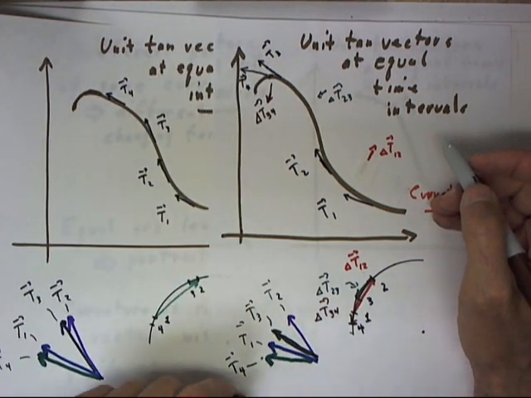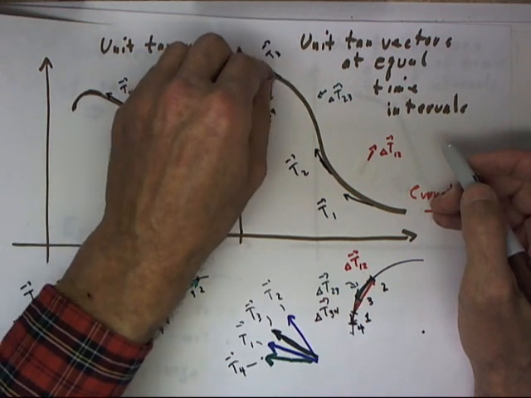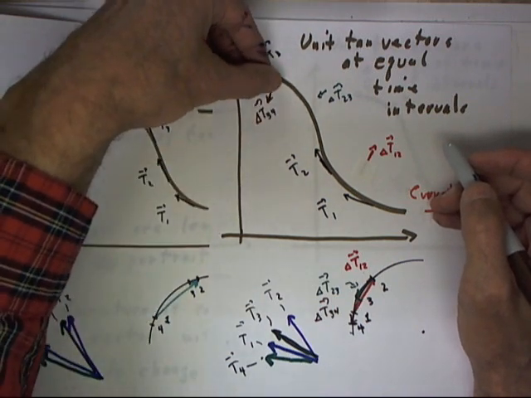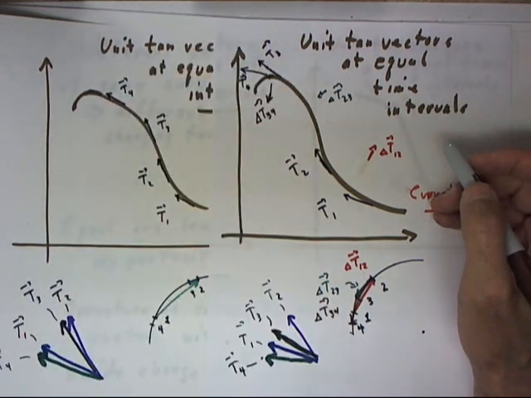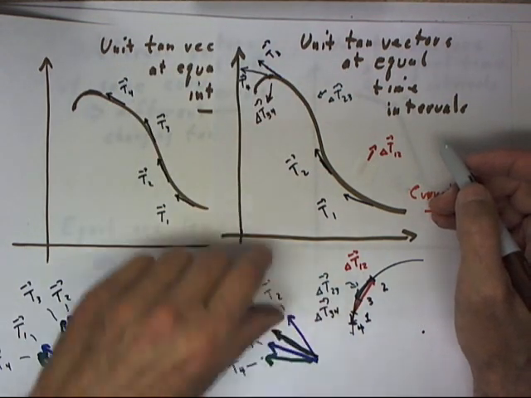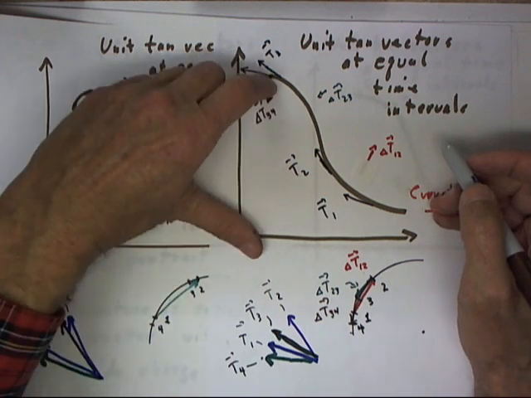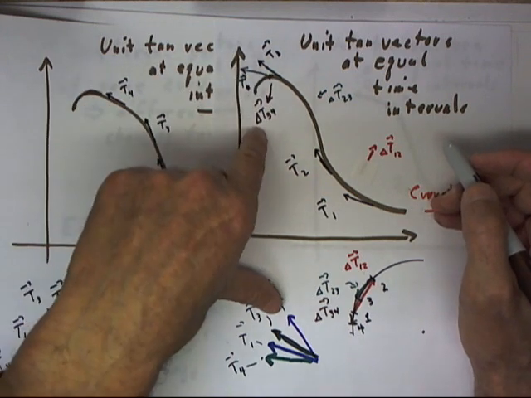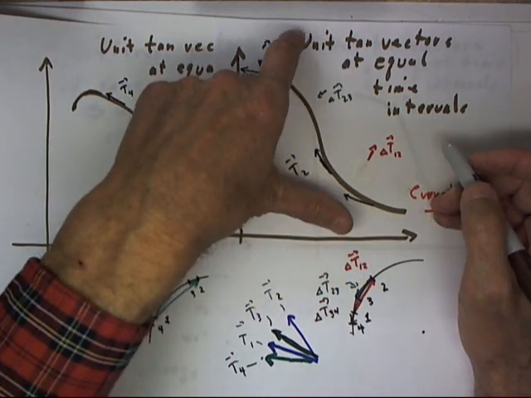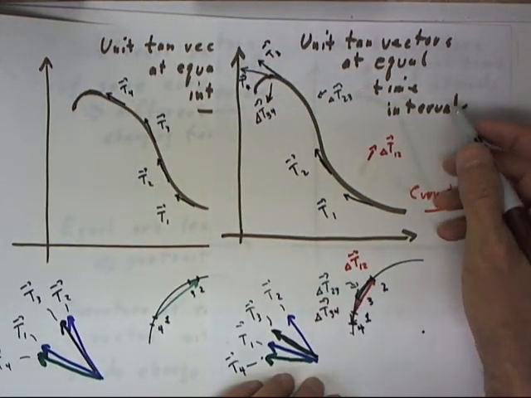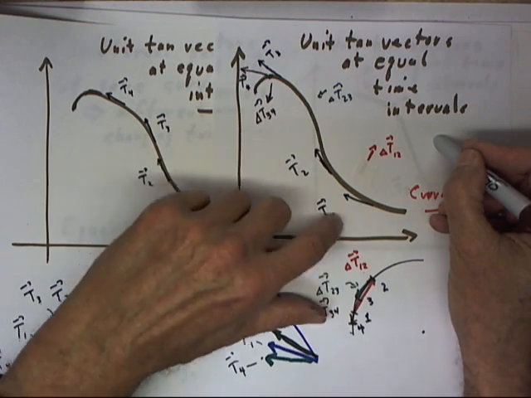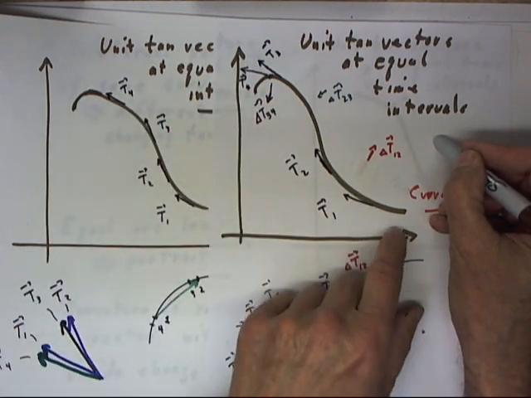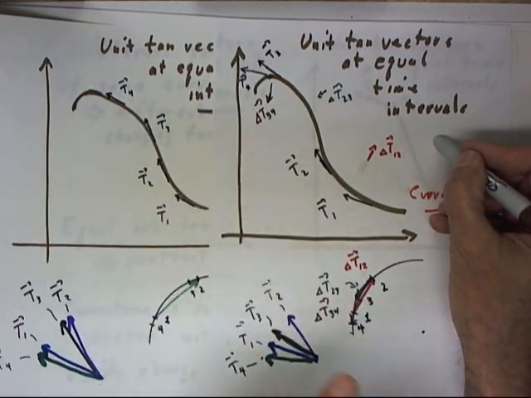And that kind of indicates that our path is curvier here because we got almost as big a delta T over a much shorter part of the path. Another way to look at it is we were moving a lot slower here and we still got a pretty good change in our delta T. So looking at unit tangent vectors at equal time intervals doesn't really show us how quickly or how curvy our path is.